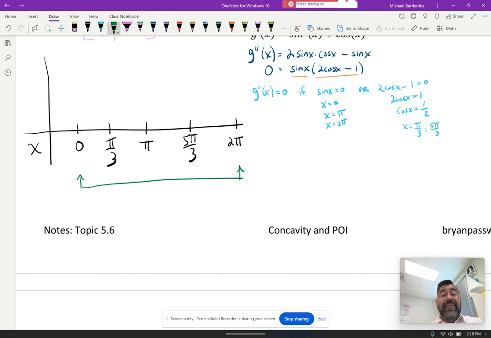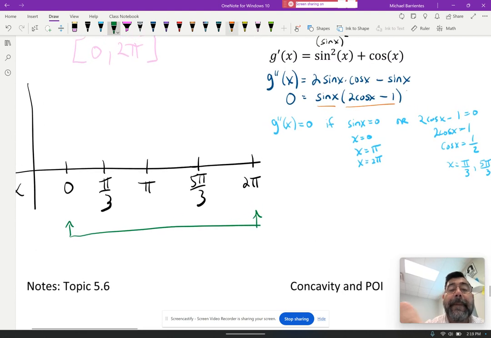So let's pick some values. Remember, what we're checking is whether the second derivative is positive or negative. In this first part, let's say I choose pi over 6, which is between 0 and pi over 3.